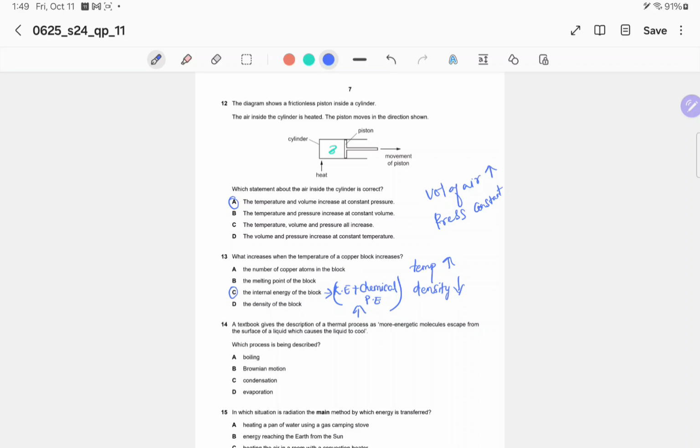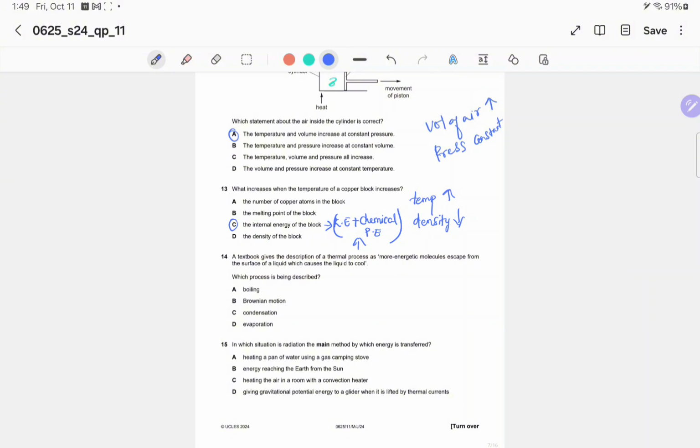Can we go to the next question? It's the 14th question. A textbook gives the description of a thermal process as more energetic molecules escape from the surface of a liquid, which causes the liquid to cool. In boiling, the process occurs throughout the liquid; bubbles form throughout the liquid, and more kinetic energy particles come to the surface and escape.